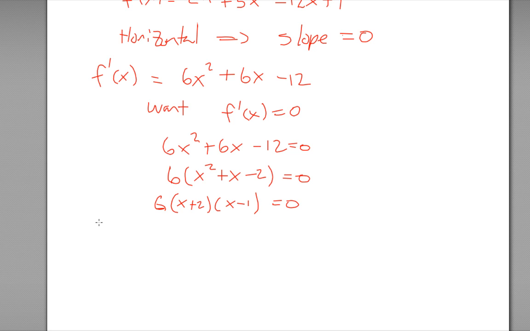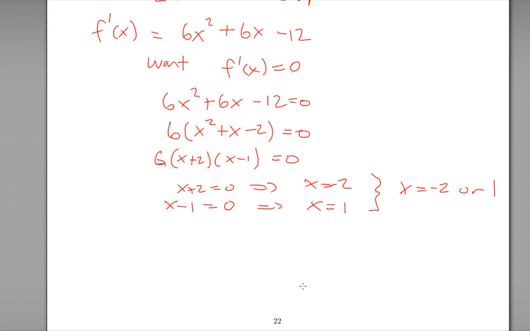If x plus 2 is equal to 0, that would mean that x is equal to negative 2. And x minus 1 is equal to 0 means that x is equal to 1. So that means x equals negative 2 or 1.